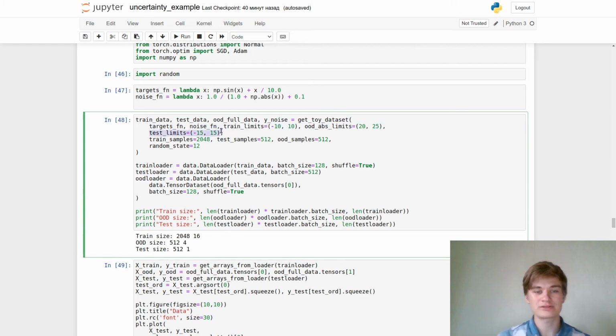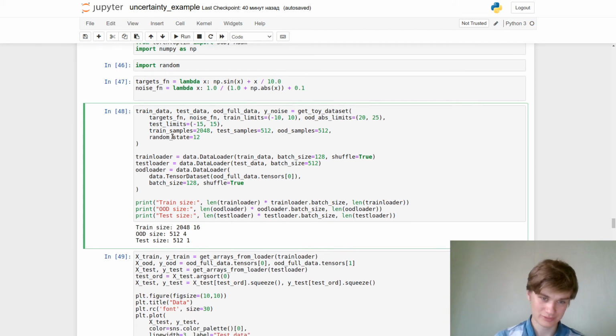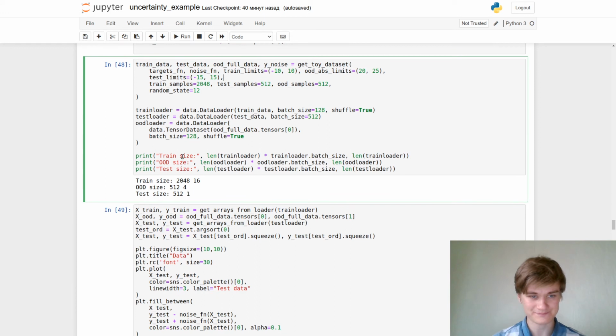We have test limits from -15 to 15, which is bigger than train limits. So we could check how our model will behave outside train regions, but not very far from them. Also we have some train samples number, test samples number, and so on.